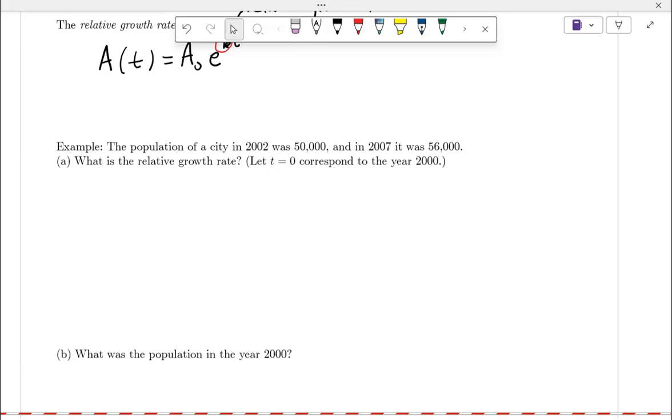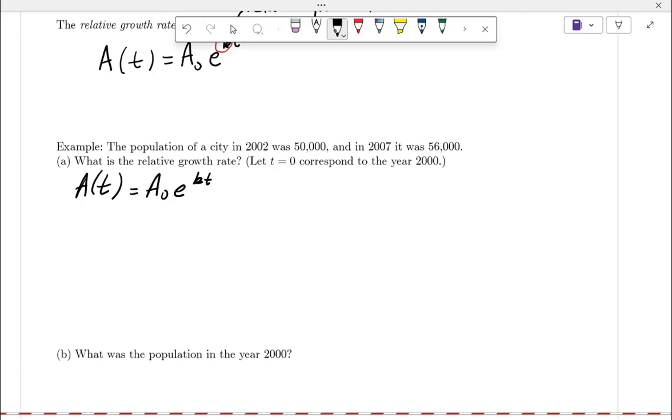So remember again, we're going to use that general natural exponential function to model the situation that's going on here. Now notice they say in this particular example to let t equal 0 correspond to the year 2000.